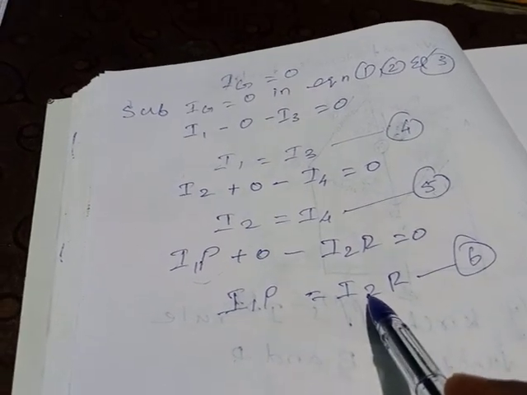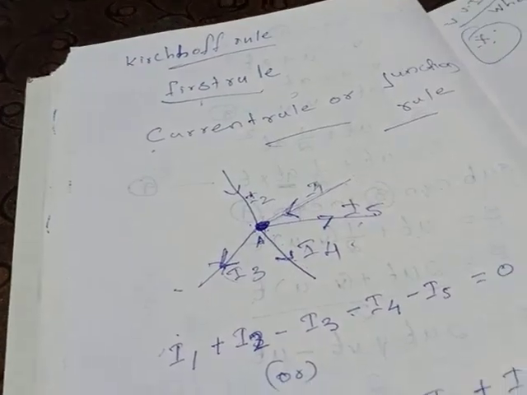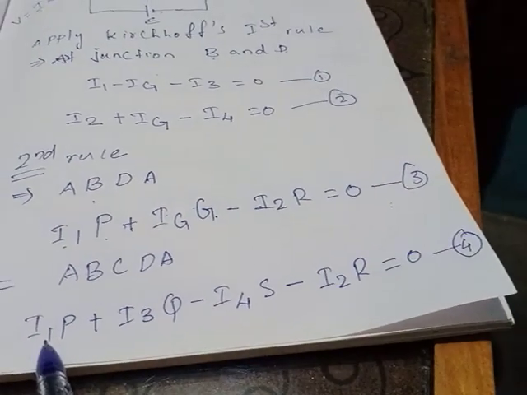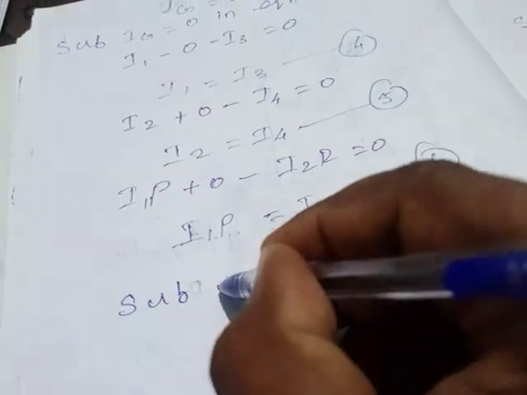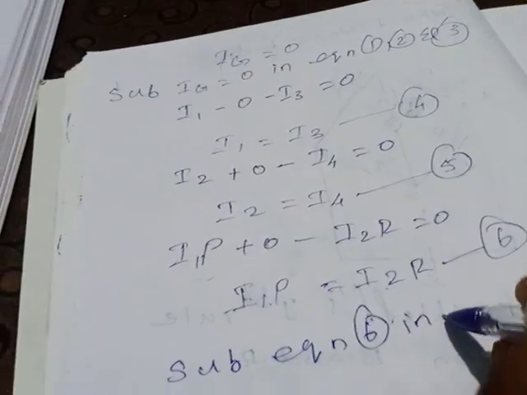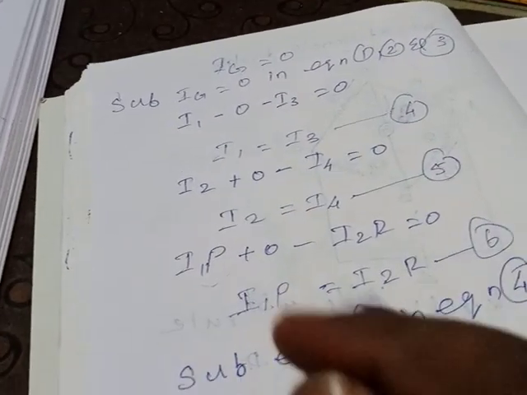I1P is equal to I2R, isn't it? This you have to substitute in equation 4 here. Instead of I1P, you have to put I2R. So substitute equation 6 in equation 4.